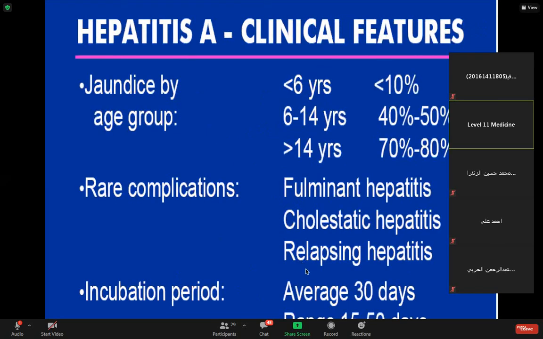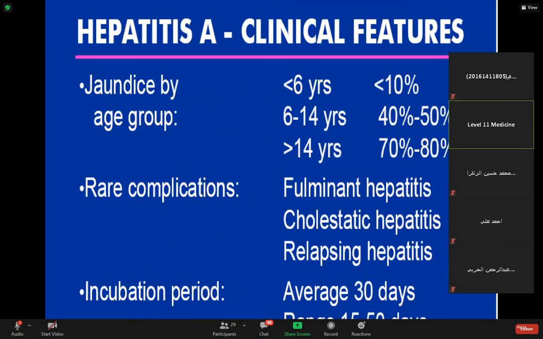You can see that it rarely causes complications like fulminant hepatitis or relapsing hepatitis. Relapsing hepatitis means this acute hepatitis comes and goes. Like you get remission and then it will relapse.